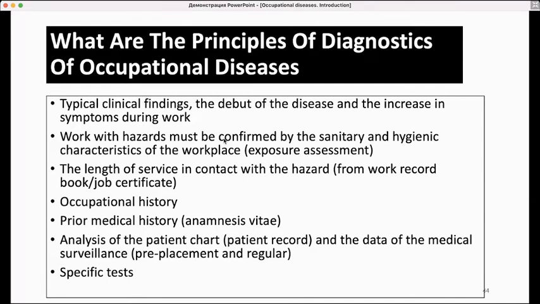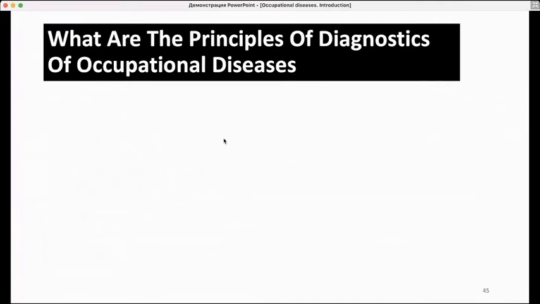Occupational history, prior medical history, the data of pre-placement and regular checkups, and specific tests are the other things to establish an occupational disease.